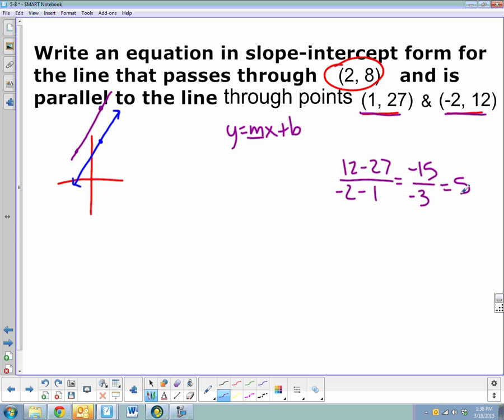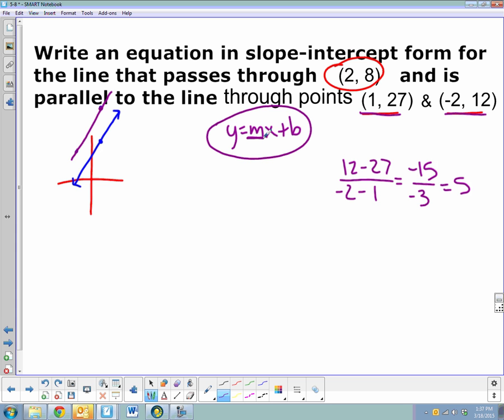So I know the slope. I don't really need to know this full equation here, because that's not the question. The question isn't what is the equation for that purple line. The question is what's the equation for the blue line. And all I need from this purple equation is the slope, because I know if it has the same slope, it's going to be parallel.